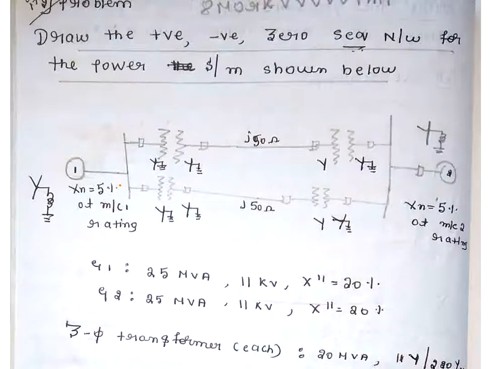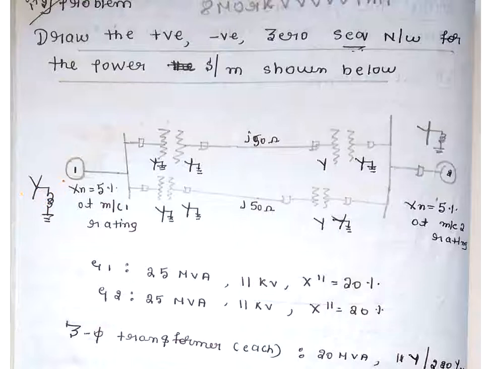Now, he has given machine 1 and machine 2, generator 1 and generator 2. In machine 1, it is connected through some impedance, some reactor. It is not directly grounded.